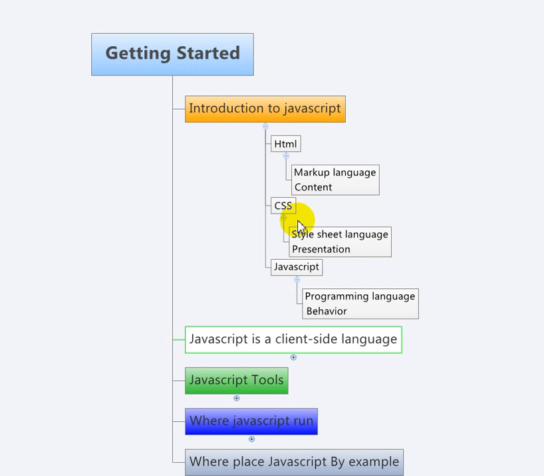And JavaScript is a programming language which is the behavior. Let's say you want to put a slide in your web page using JavaScript. You can do that. That means you can define when the slide will start and when it will move to the left or right. You can do that with JavaScript.